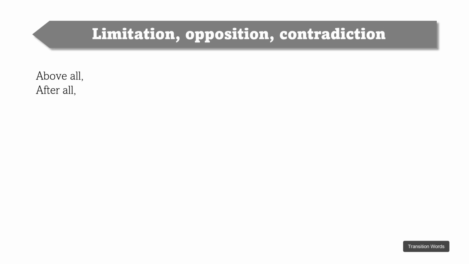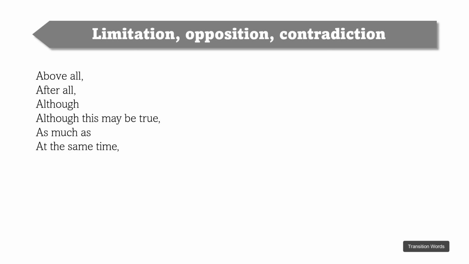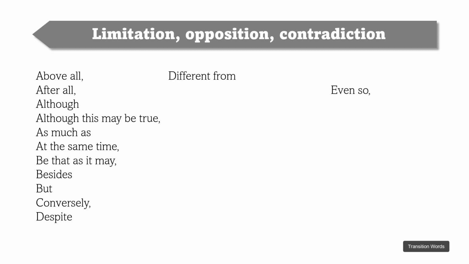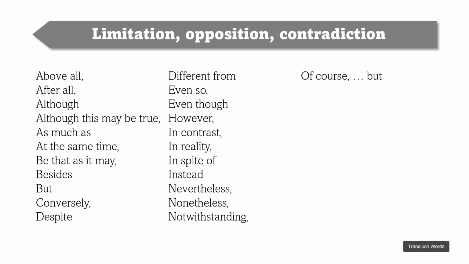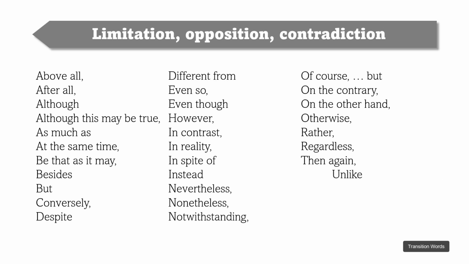Above all, after all, although this may be true, as much as, at the same time, be that as it may, besides, but, conversely, despite, different from, even so, even though, however, in contrast, in reality, in spite of, instead, nevertheless, nonetheless, notwithstanding, of course, but, on the contrary, on the other hand, otherwise, rather, regardless, then again, unlike, whereas, and while.